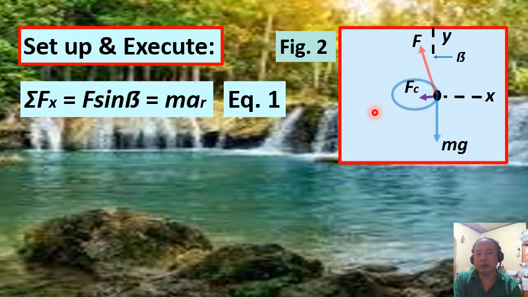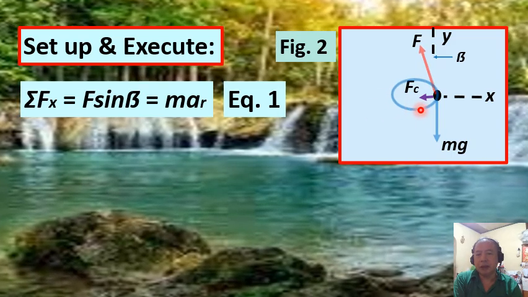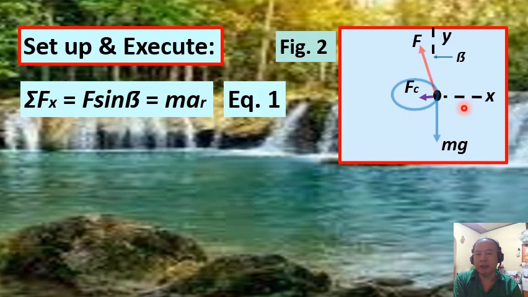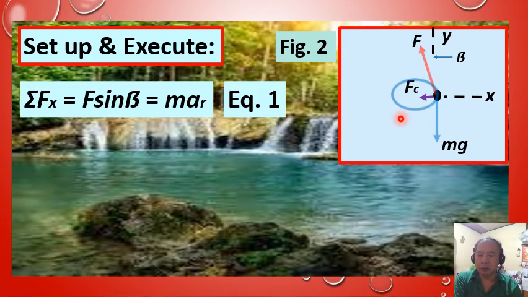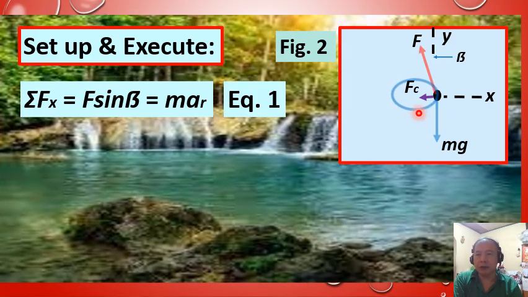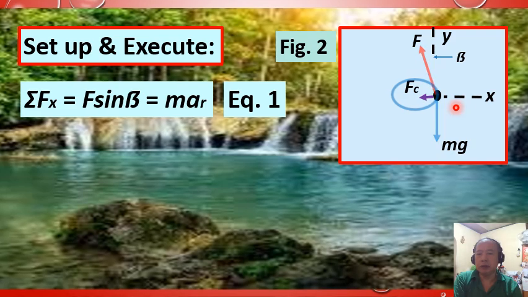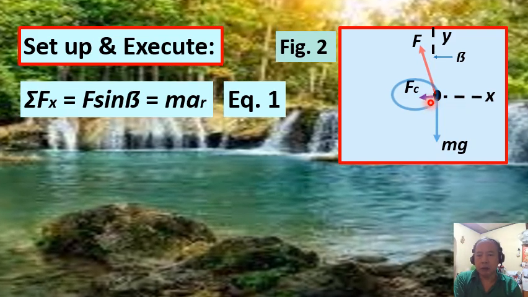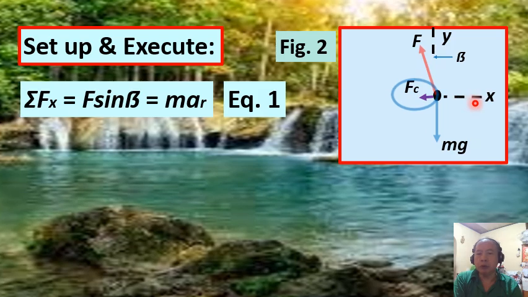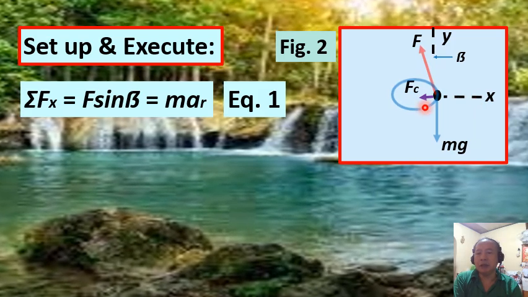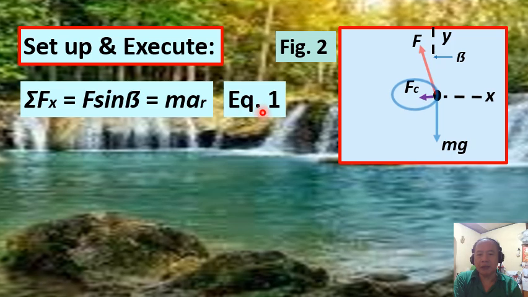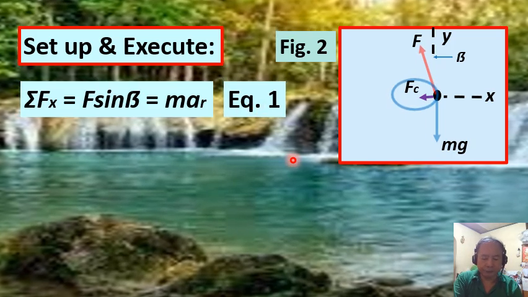So this Fc is the only force that provides the centripetal or radial acceleration, so that the bob will tend to be pulled towards the center of the circular path. So we label this here as equation number 1.